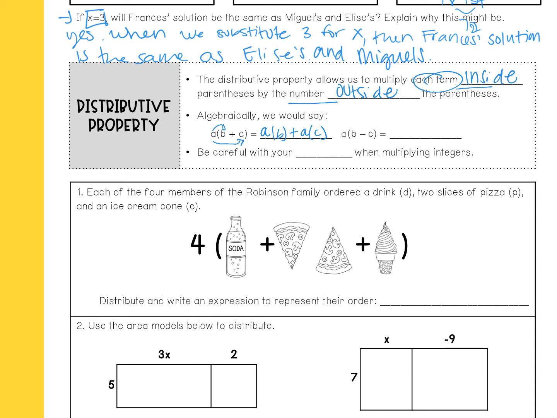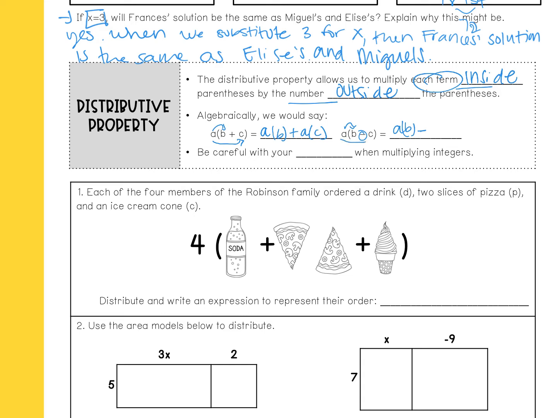And if we have A times B minus C, we want to distribute that A to every letter inside the parentheses. So we would say A times B. We want to keep this the same. So that's going to be subtraction.